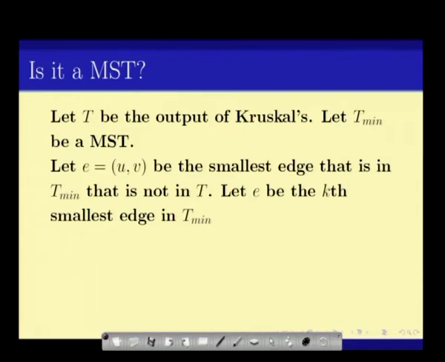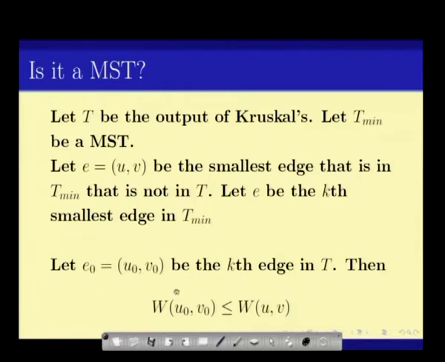Consider the first, or smallest, edge u v that is in T min but not in T, or the first place where it changes. Let E be the kth smallest edge in T min. Let E naught be the kth edge of T.